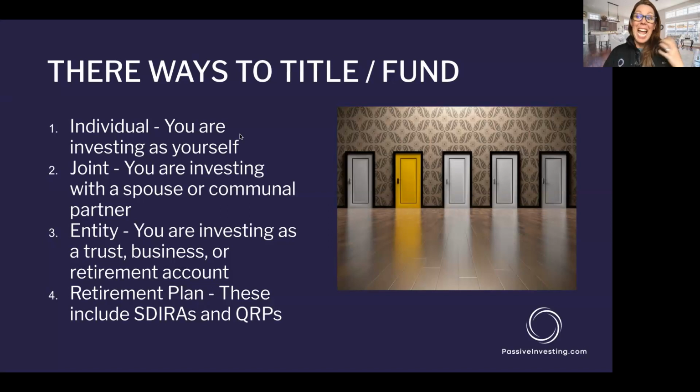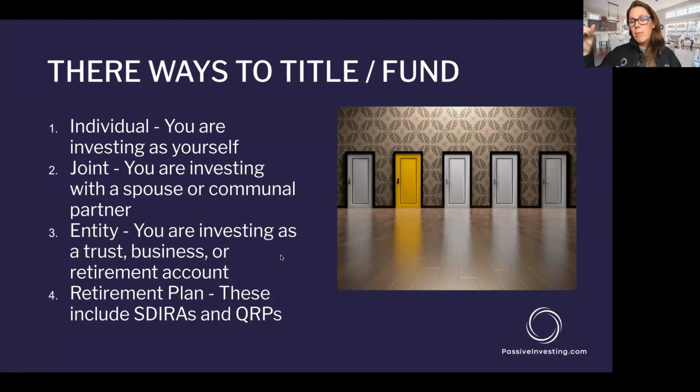You can invest as an entity through your trust, business, or retirement account. A retirement account can actually own an LLC, which is why I mentioned it. Or you can invest through a retirement plan, things like self-directed IRAs and QRPs. They're essentially going to say "for the benefit of."